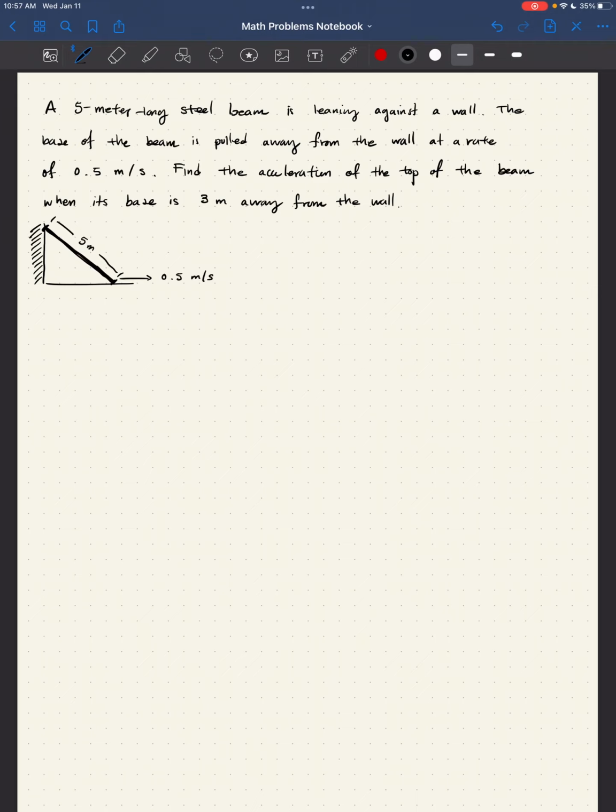Well, for this, probably what we need to ask first is what are the quantities involved. The first one that I can find is the distance from the base of the beam to the wall, which is indicated here.